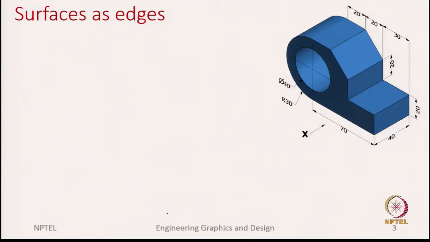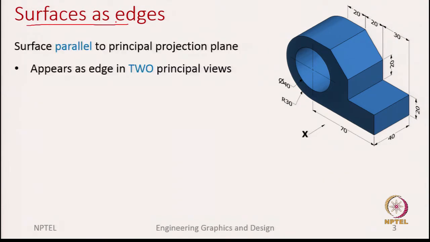Before we start, let us notice a few features of this auxiliary view. Okay. So, now let us focus on surfaces as edges. You will quickly see what I mean by surfaces as edges. Let us again consider the surfaces parallel to the principal projection planes. So, these are the surfaces S1, S2 and S3 we discussed in the previous slide.